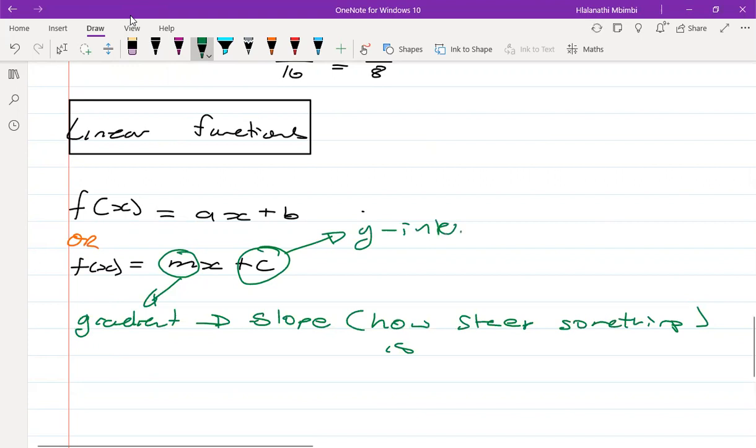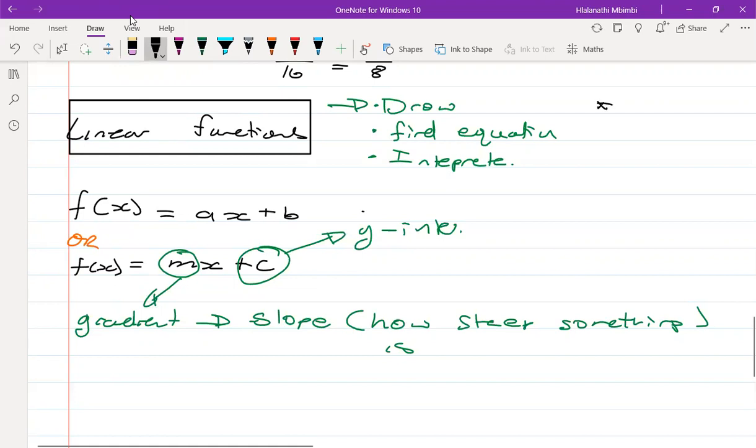Now, the way we look at graphs, there are three things that we have to master for each and every graph. You need to be able to draw the graph. To be able to find the equation of a graph. But thirdly, you need to interpret it. Now, the way I'll do it is that I will just focus on the first two.